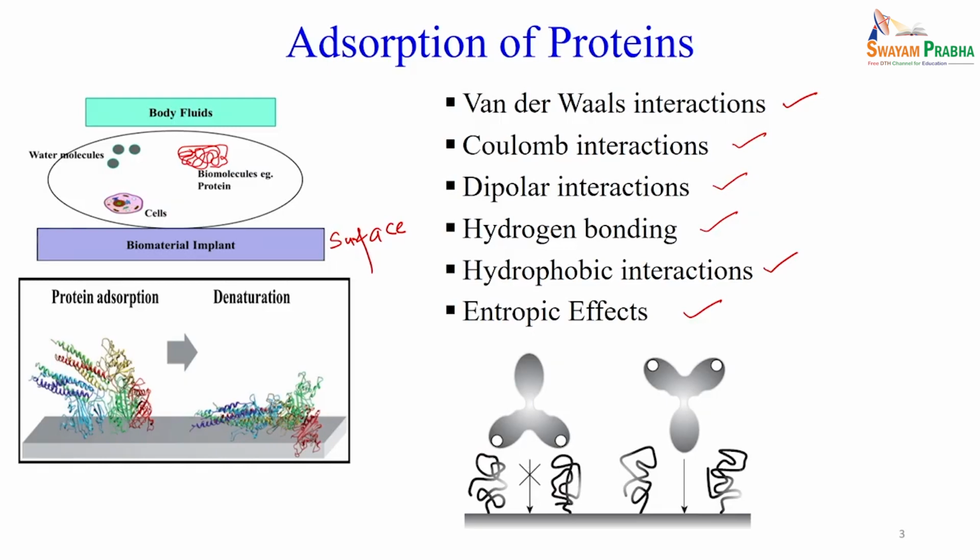Similarly, in this figure, depending on the surface, if there is no spatial arrangement here, the protein is trying to reorient itself, depending on the surface property. This is one example of the entropic effect. Also, during the adsorption, if there is some sort of unfolding, this will also lead to a change in the entropy.